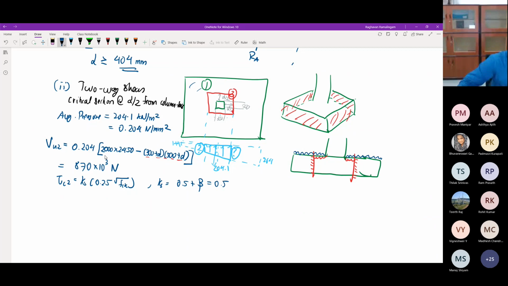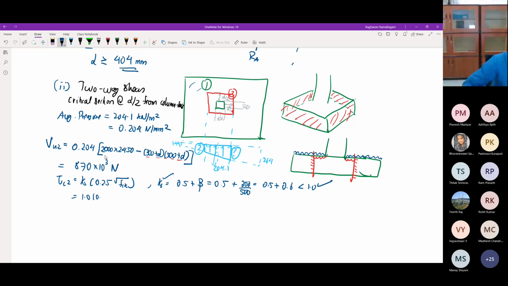So 0.5 plus, I have here the column 300 by 500. So 0.5 plus this will be 0.6. So this should be less than 1.0. Therefore you take 1 as the value of Ks. Whatever you get out of this, it should be lesser than 1. If it's more than 1, use 1.